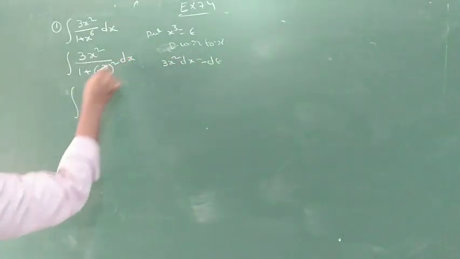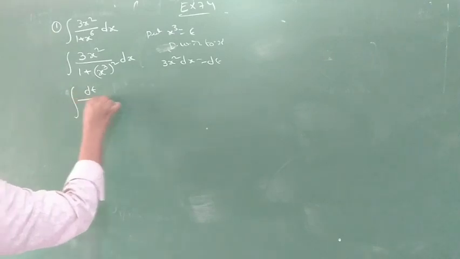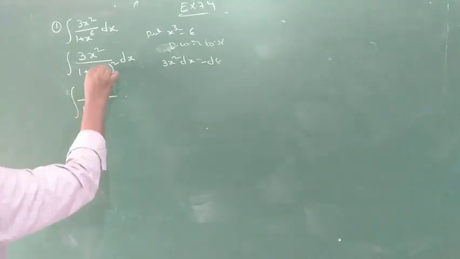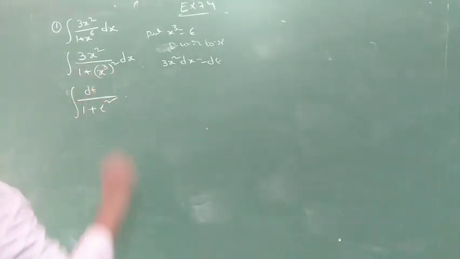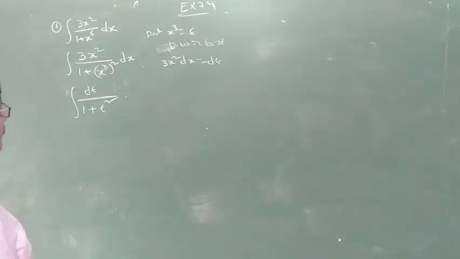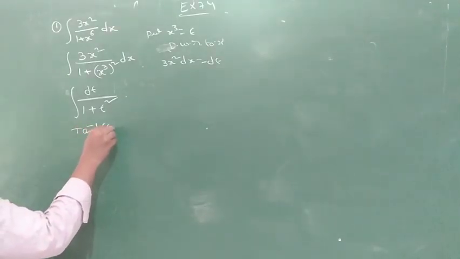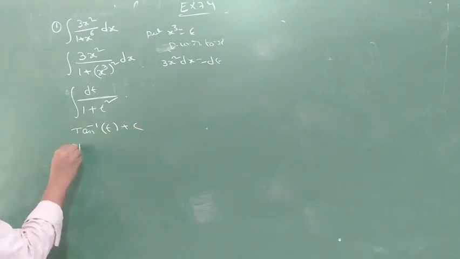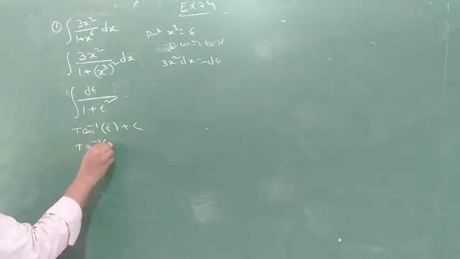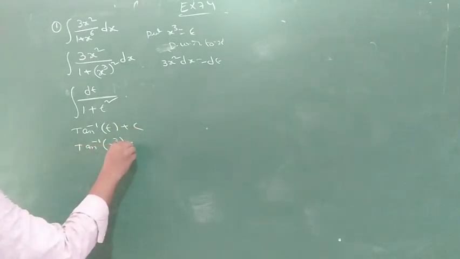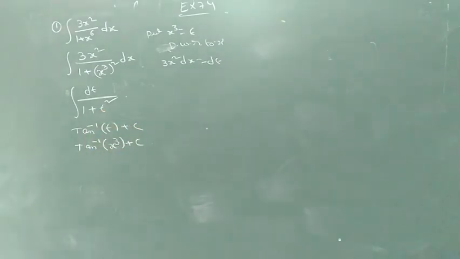So 3x square dx is equal to dt, by 1 plus t whole square. Integral 1 by 1 plus x square is equal to tan inverse x plus c. So that is equal to tan inverse of t, which is x cube, plus c.